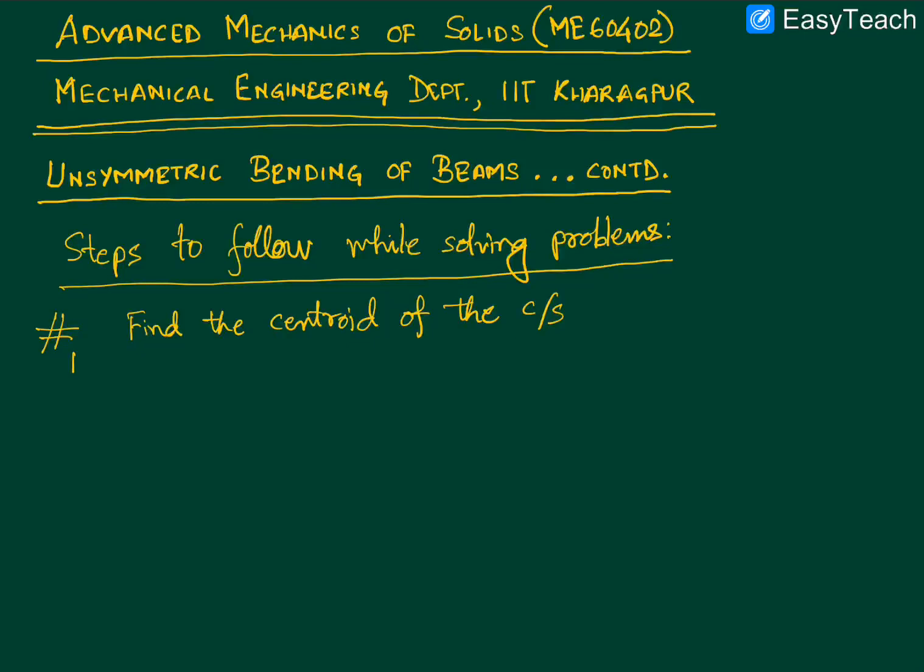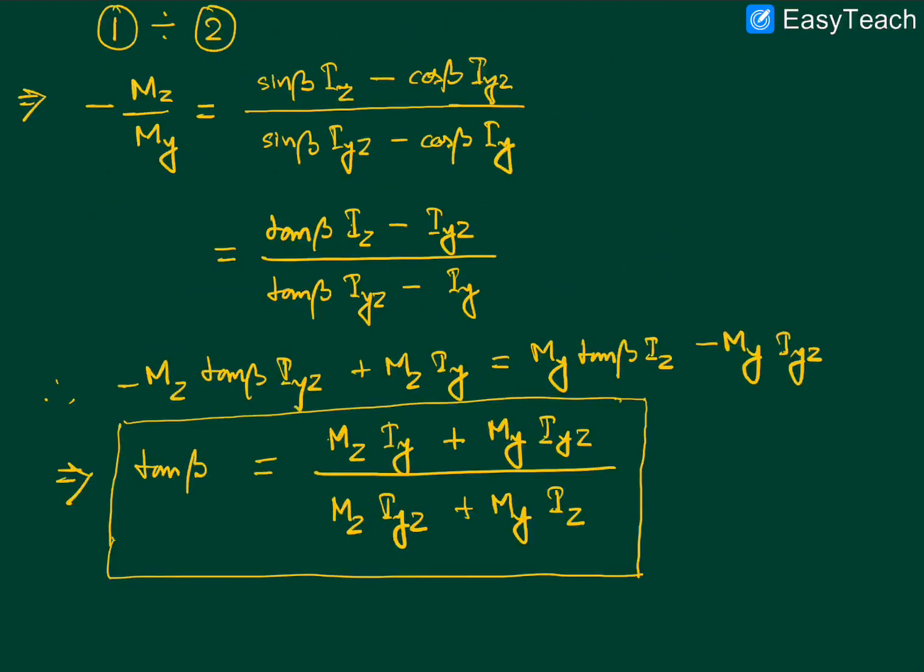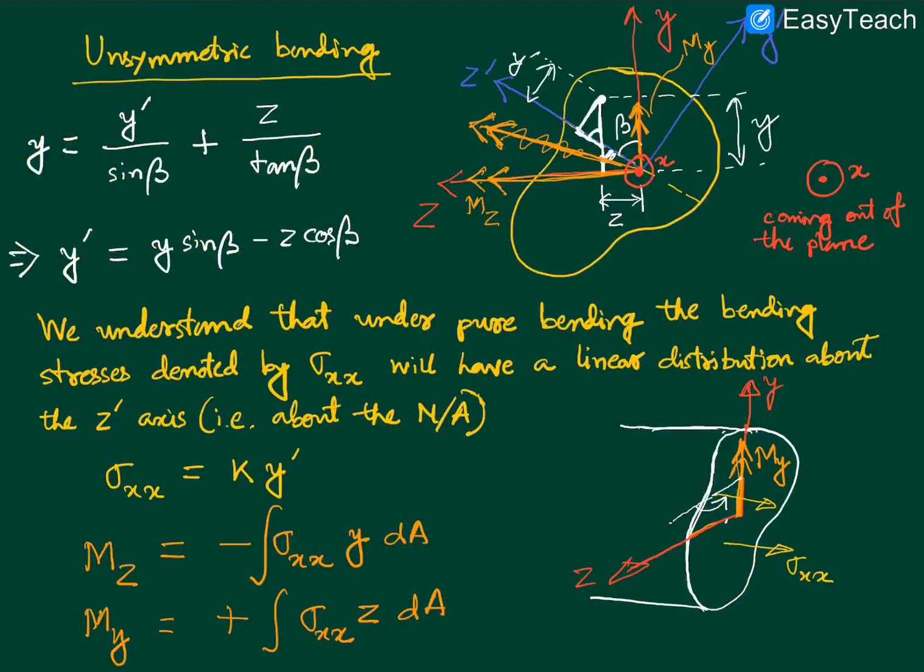So if we take a quick look at the previous diagram, here both the y-axis and the z-axis passed through this centroid. So this was the centroid of the cross section. So if we have to use the formulas that we had derived in the previous lecture, we need to consider centroidal axis. Okay.